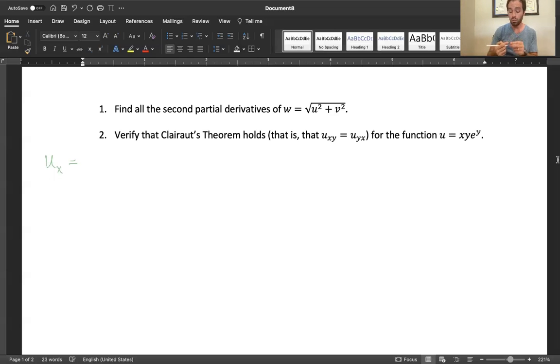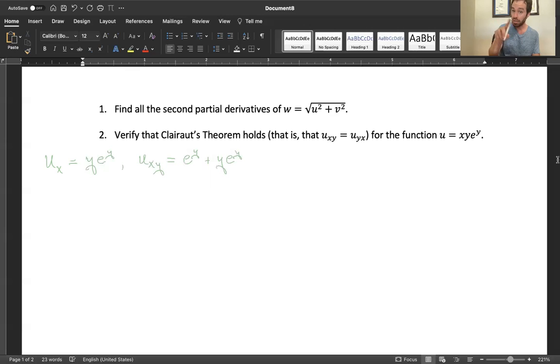That's a constant from this perspective, so it will be y e to the y. And then partial U, partial X, and then Y is the derivative of that with respect to Y. And this is product rule now. It's derivative of the first times the second plus derivative of the second times the first.